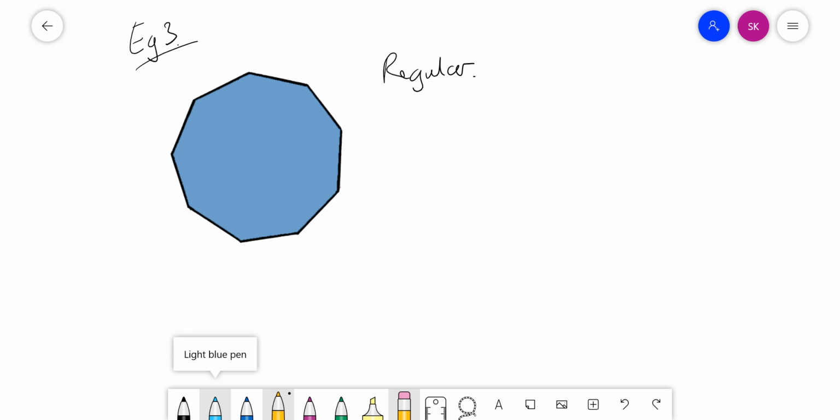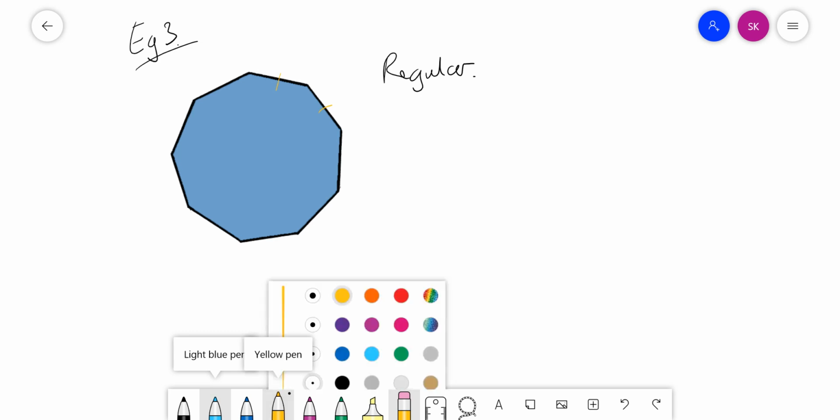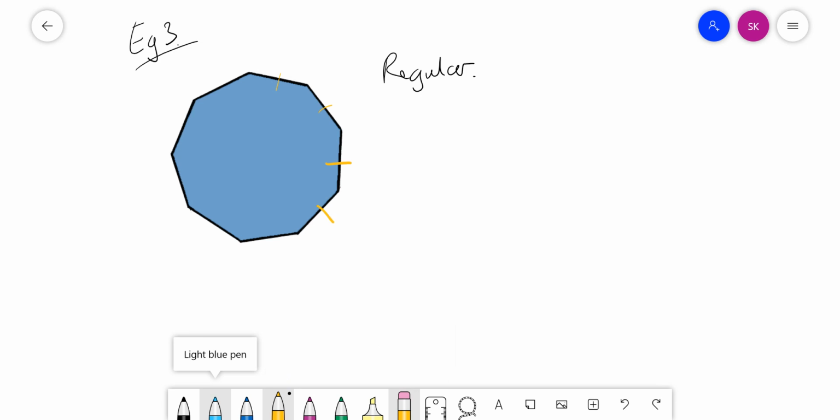So we start off by saying, how many sides does this regular shape have? One, two, three, 4, 5, 6, 7, 8, 9. So this is a regular nonagon. Now, a regular 9-sided shape means not only does it have 9 sides that are all equal, but it has 9 exterior angles that are all equal.